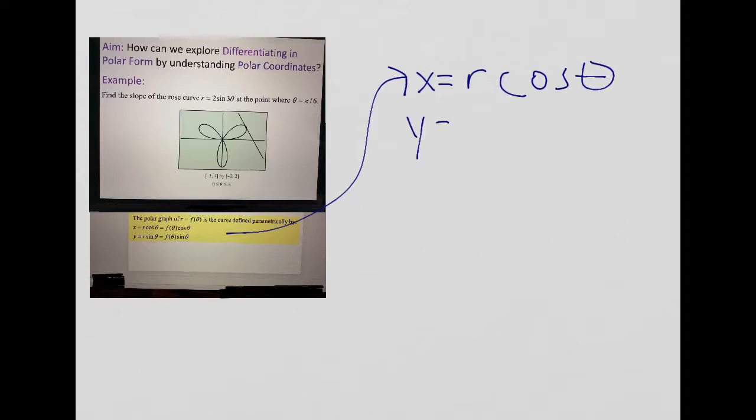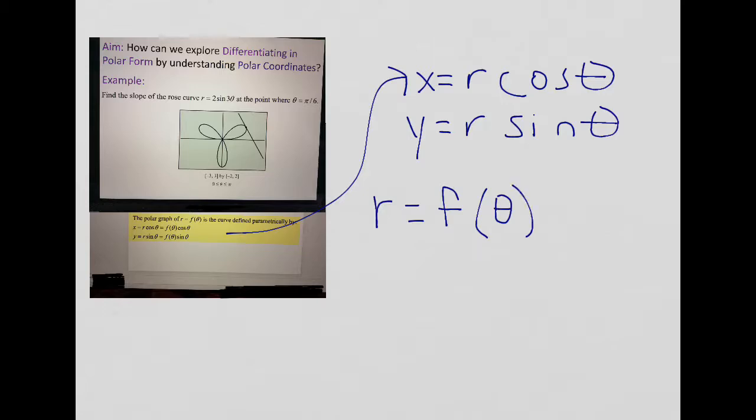We first have to understand that we have these conversions. Hopefully you can see this here. x is equal to r times the cosine of theta, and y is equal to r times the sine of theta. And r is our polar equation, the function that we're looking at, and it's a function of theta.